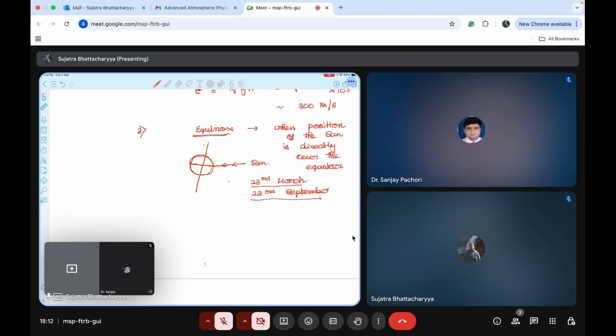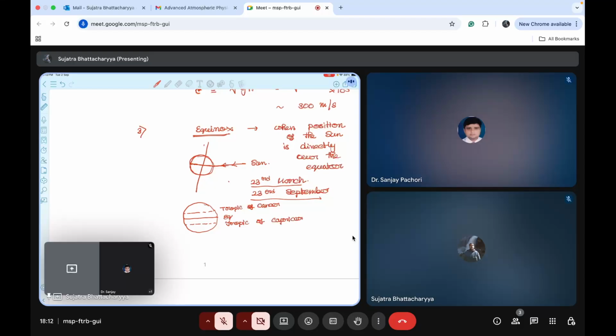So if you have an earth like this, you have the equator here. There is a tropic of Cancer at the northern hemisphere, and there is a tropic of Capricorn at the southern hemisphere.